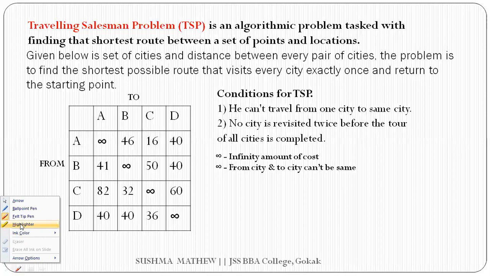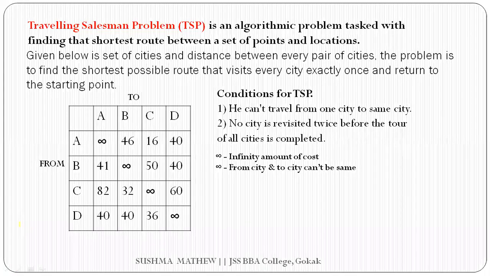Suppose a person is given Gokak, Belgaum, and let's say Hubli. If he starts from Gokak, he can move either to Belgaum or to Hubli, and he has the choice. But he cannot stay in Gokak itself; from city and to city can't be the same. That's the meaning of that infinity.